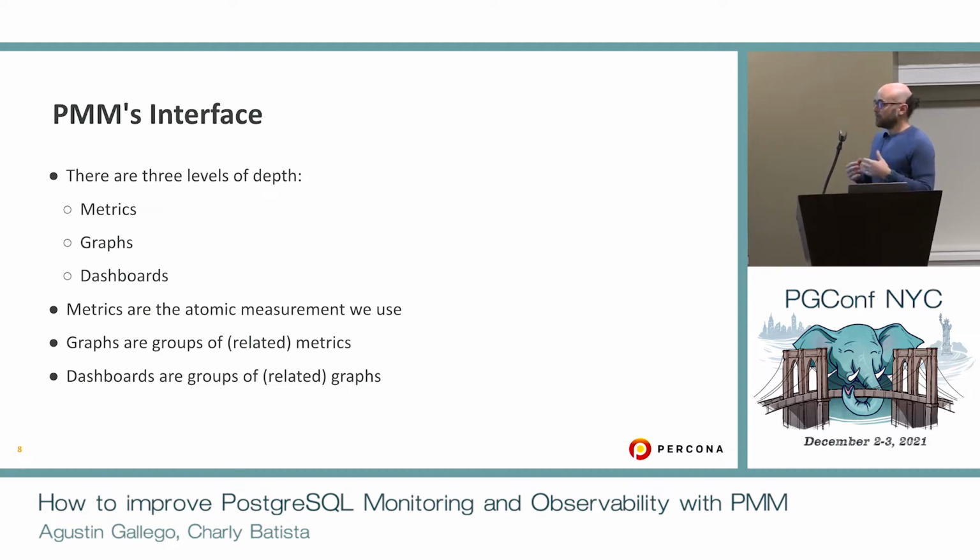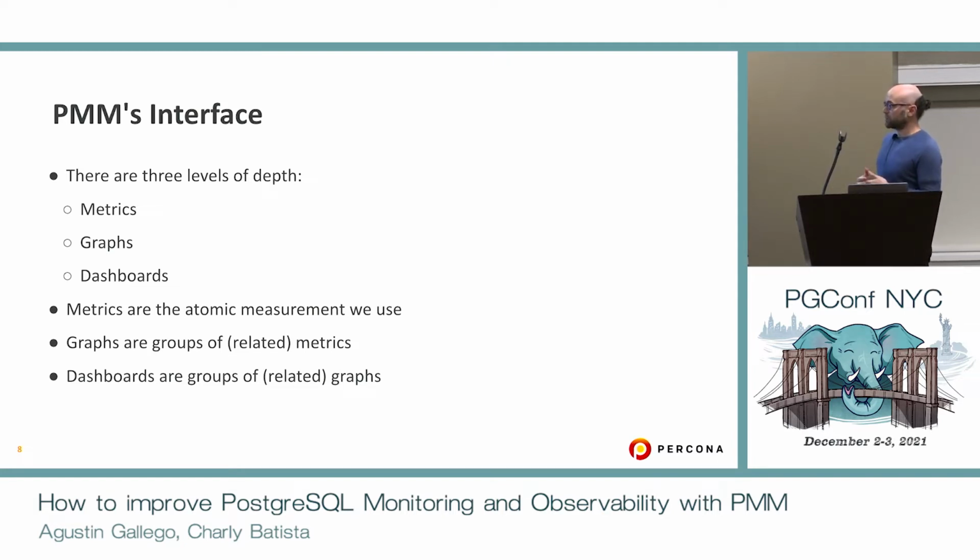But in PMM, as already mentioned, we have things bundled so that it's very easy to use and to understand, right? So we work a lot with the graphs and the dashboards that are available, because metrics, as you can imagine, there will be hundreds of them, and it's sometimes easy to get lost trying to figure out which ones we need to use for our daily operations or for any particular problem we want to diagnose.